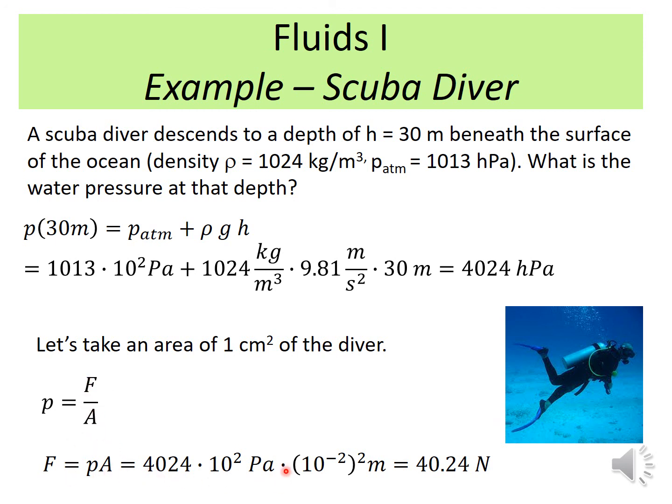So the pressure here is 4,024 hectopascal, and this times 1 square centimeter gives us 40.24 Newton on each square centimeter of the body of a diver. So when you scale this up, depending on how large the diver is, you can see there are a lot of forces acting on the diver and pressing this person together.